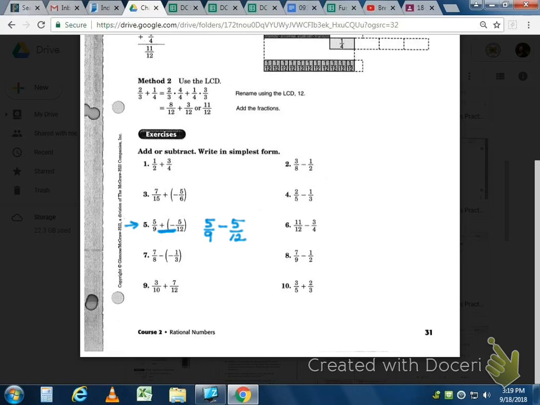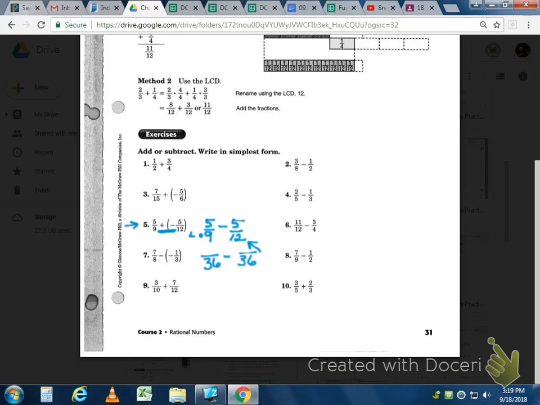I start with my largest denominator, 12. 9 does not go into 12 evenly. 12 times 2, 24. 9 doesn't go into 24 evenly. 12 times 3, 36. There we go. 9 goes into 36. So I'm going to rewrite both of these over 36.